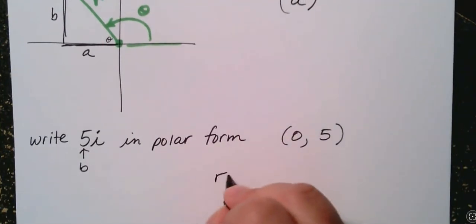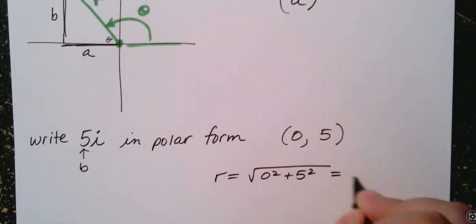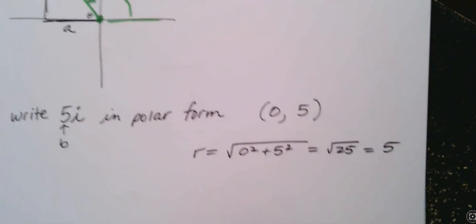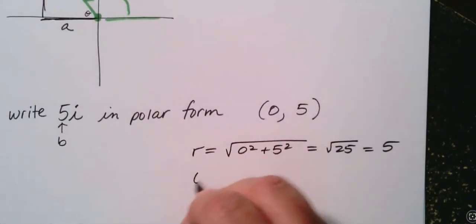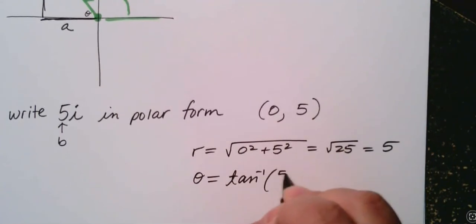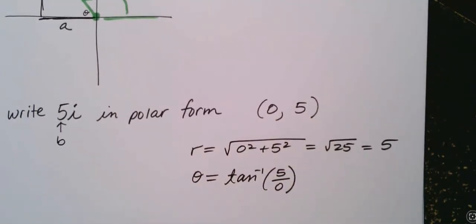So my radius is the square root of 0 squared plus 5 squared, which is the square root of 25, which is just 5. And my theta is the inverse tan of 5 over 0. And 5 over 0 is undefined.